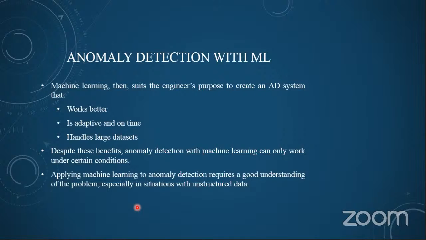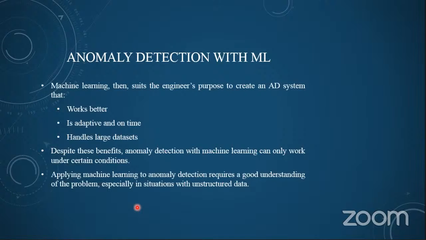Then it works better. Why does it work better? If we build a hard-coded algorithm for anomaly detection and consider the banking case where the person spent 1.5 lakh, that system will trigger an anomaly for that transaction, but it's not an anomaly.